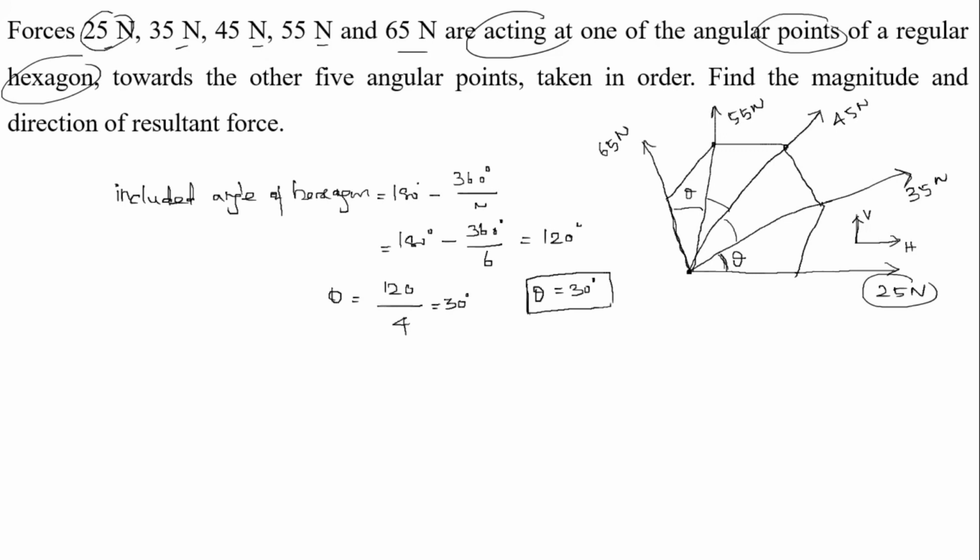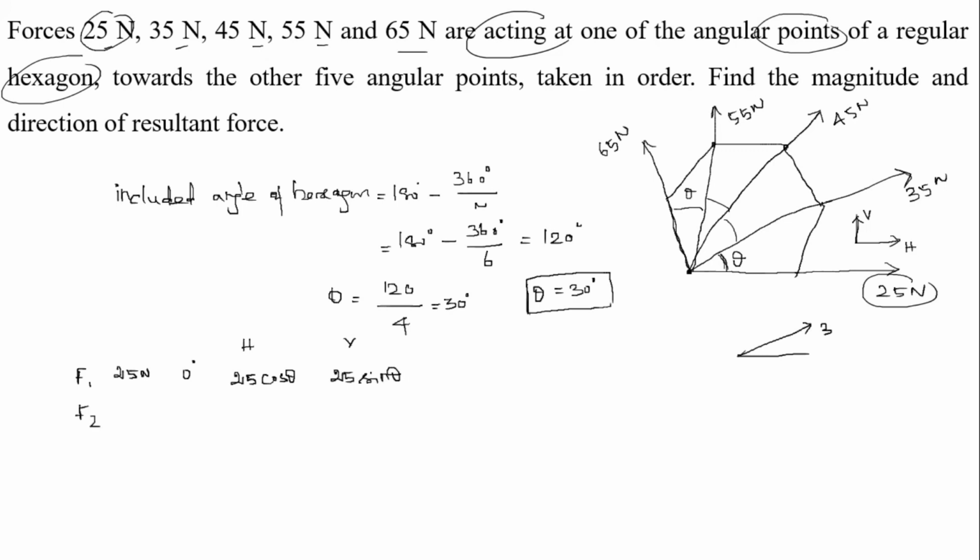So, now force 1 which is equal to 25 Newton and acting at 0 degree. The horizontal component is equal to 25 cos theta, and the vertical component is equal to 25 sin theta.